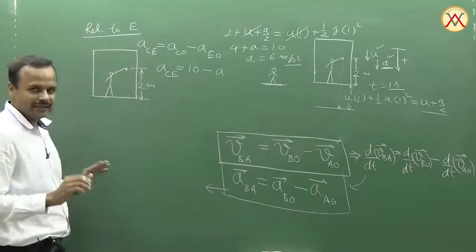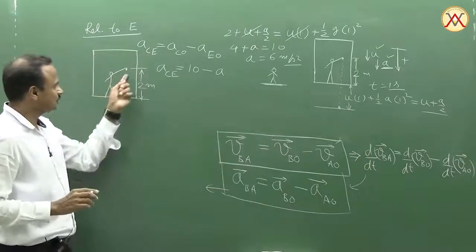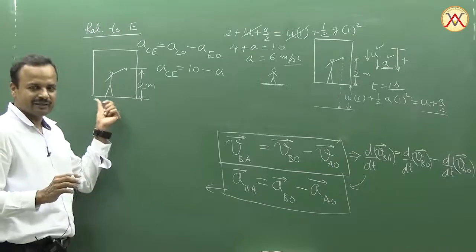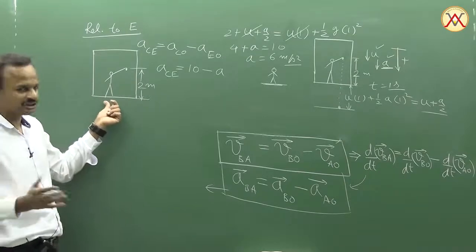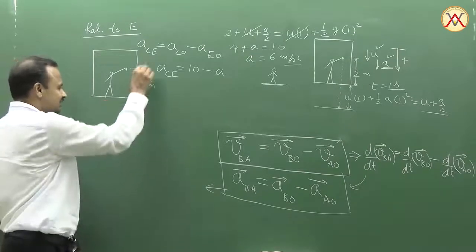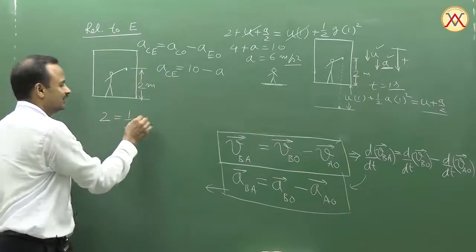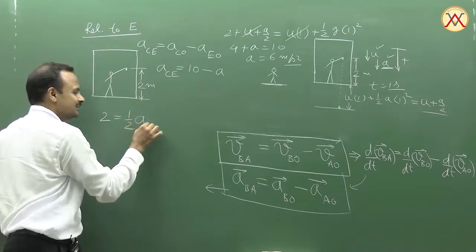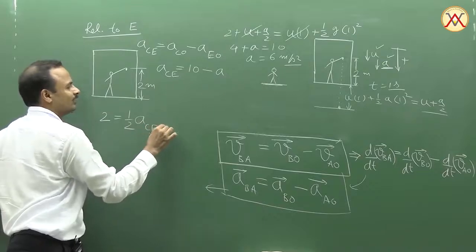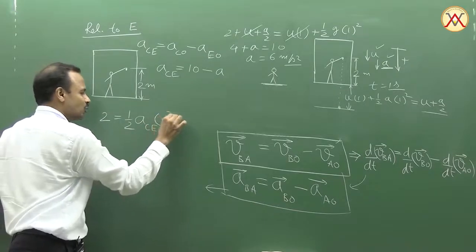Now let's apply the second equation of motion for the motion of the coin as seen by the elevator, or as seen by this person who is stationary in the elevator. So the displacement of 2, we can put this equal to half a_CE multiplied by t squared. t was 1.